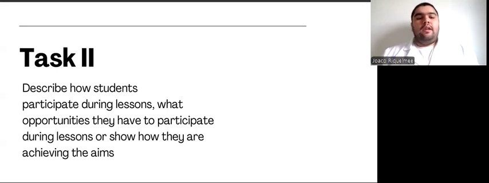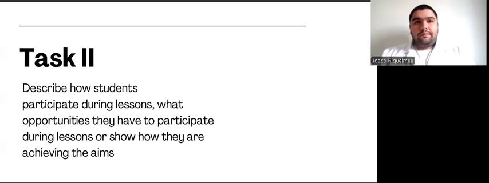For example, last class, she was teaching them the means of transportation, in which the students had to demonstrate what they knew about those means of transportation. So the students were giving examples and they answered those questions.